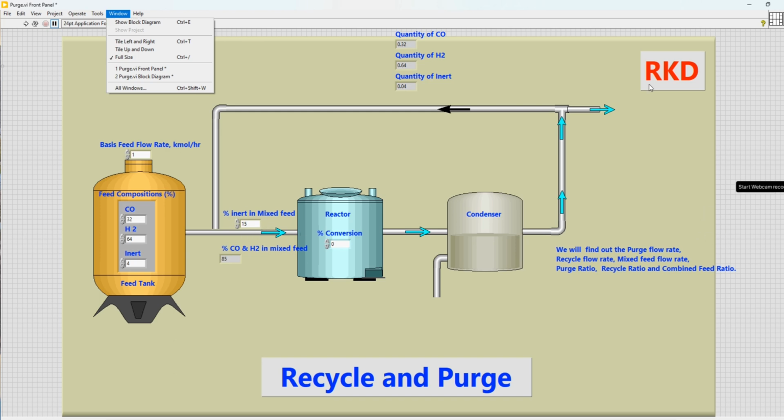And here for the reaction we're taking some value, it is 20. So 20% reaction is going on. So here we have the unreacted part of CO, H2 and inert. We will calculate from here. First of all we'll see how the reaction is going on, and then we'll find out the unreacted part.